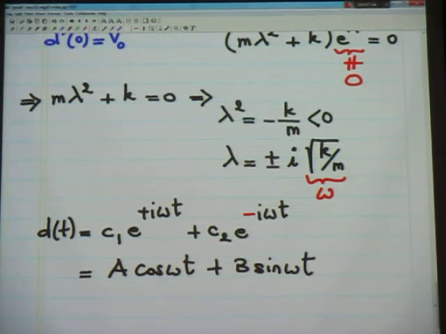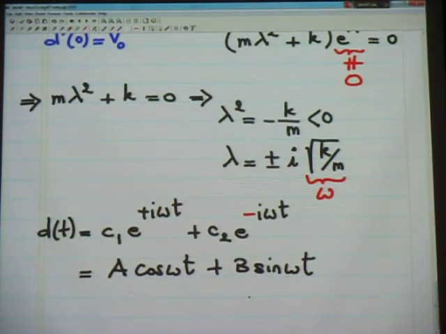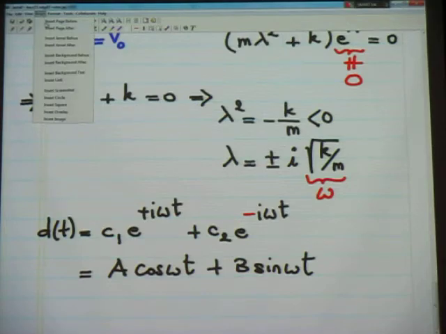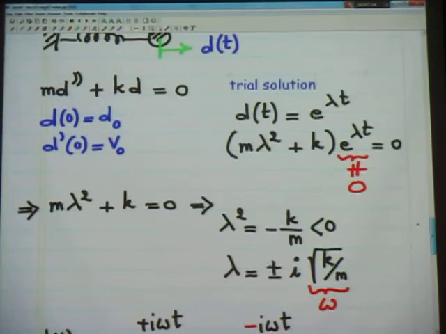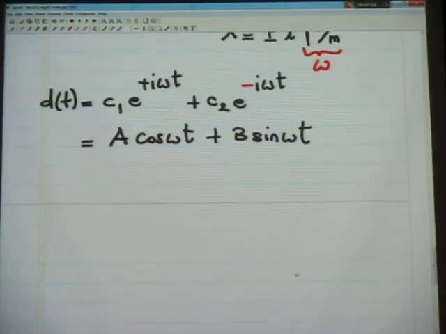That's the solution, and A and B can be used to satisfy the initial conditions. Once you replace the initial conditions, you can solve for A and B. Let me recall the initial conditions, which are up here.